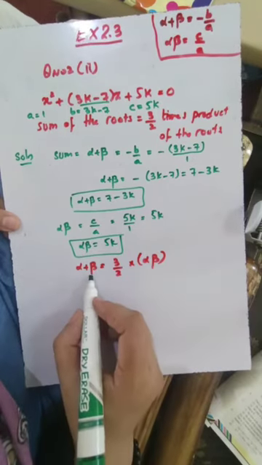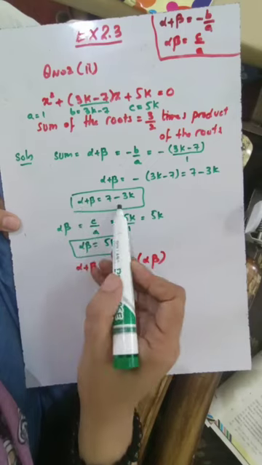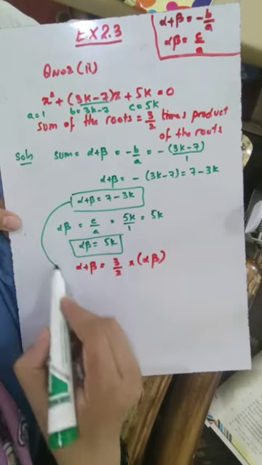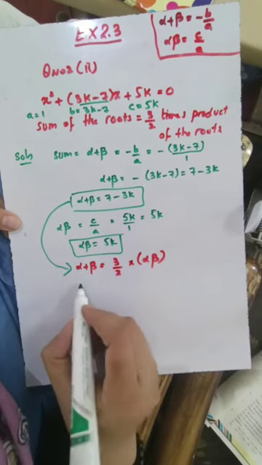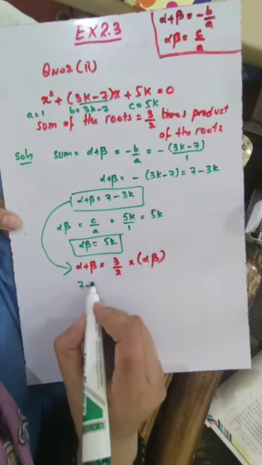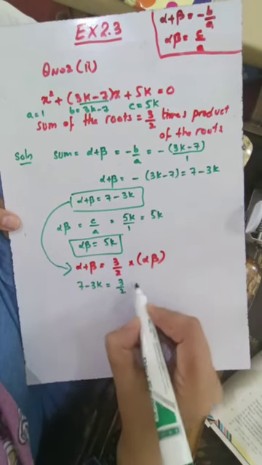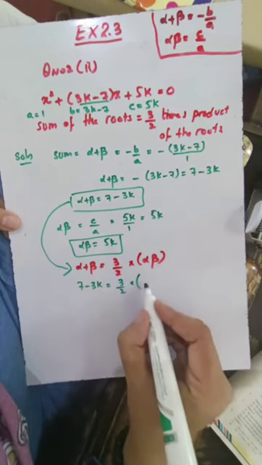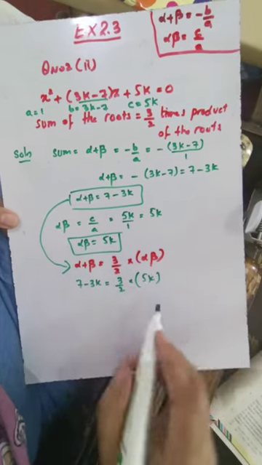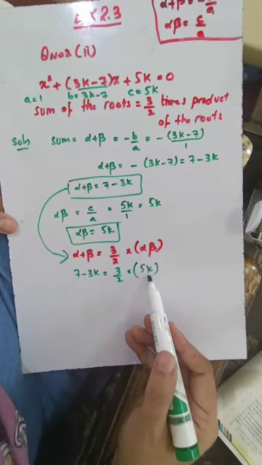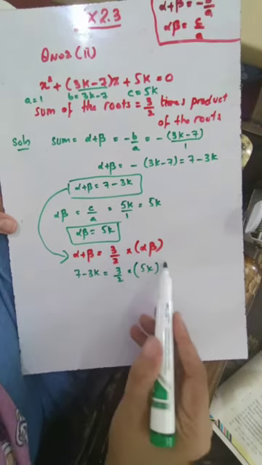So what I am going to write is alpha plus beta we know is 7 minus 3k. So I am going to put the value of alpha plus beta from here, and we are going to get 7 minus 3k is equal to 3 by 2 times alpha into beta, 5k. Now we have got an equation in k, and we can easily get the value of k by using this equation.